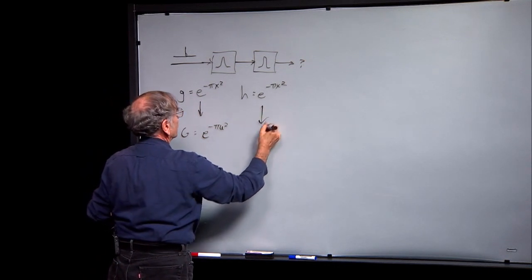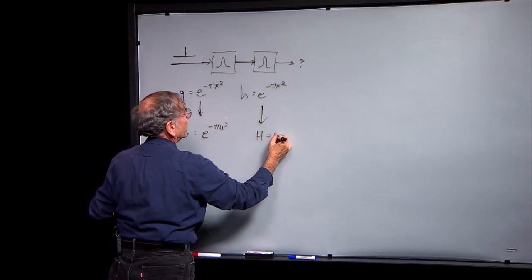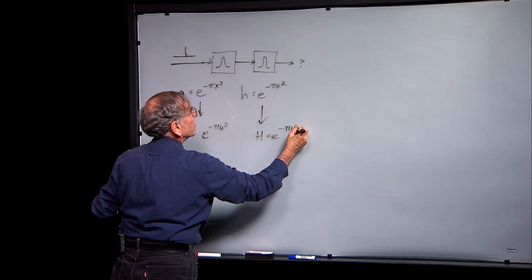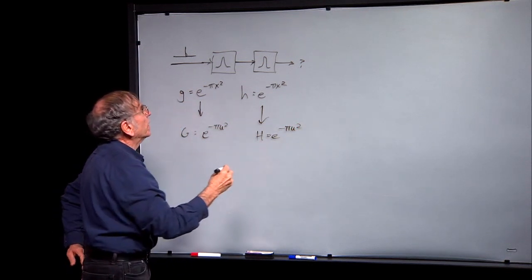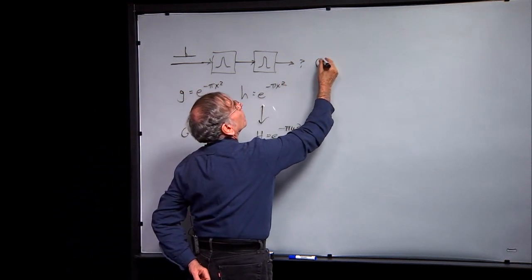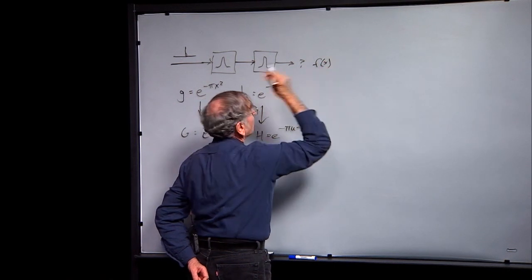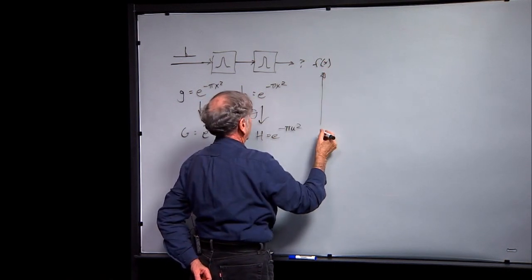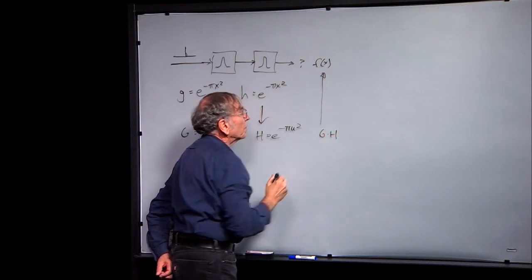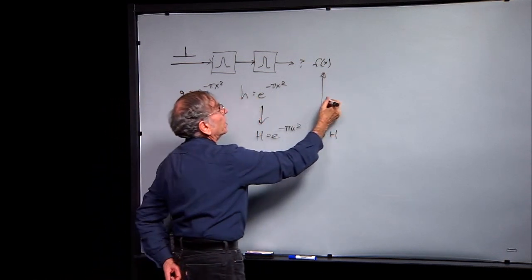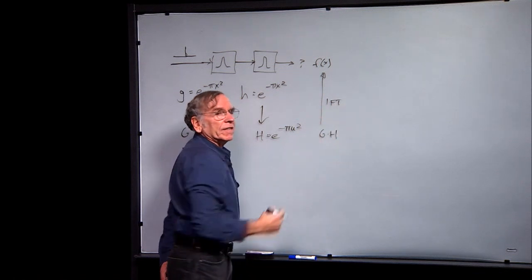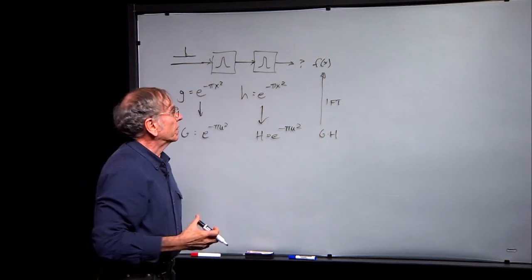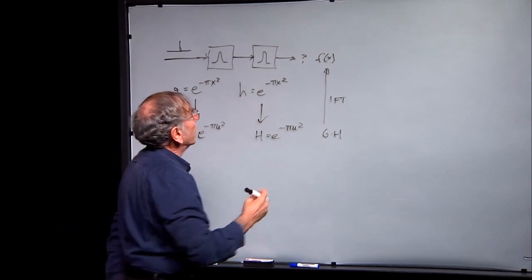And this transforms to the same kind of thing. H is e to the minus pi u squared. And we know that this output, which we'll call f of x, its transform is gotten by the product of G times H. So if I do an inverse Fourier transform on that, I will get the answer that I'm looking for.